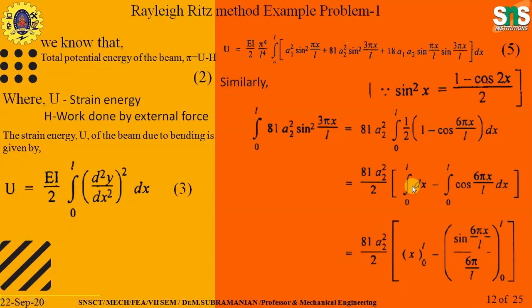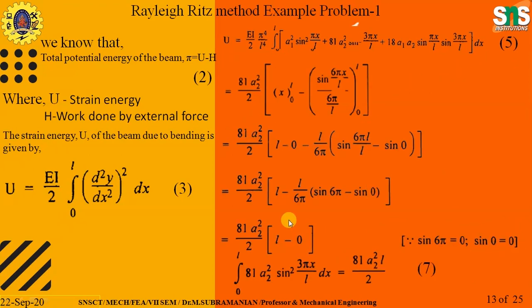The integration of the first term is x, with limits 0 to L. The integration of cos(6 pi x divided by L) is sin(6 pi x divided by L) divided by 6 pi divided by L, with limits 0 to L. Substituting the values, actually sin 6 pi equals 0 and sin 0 equals 0.